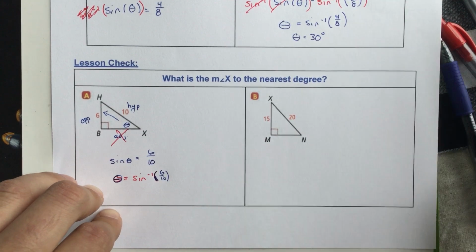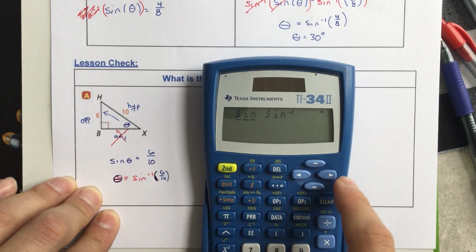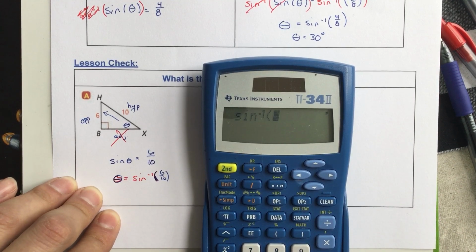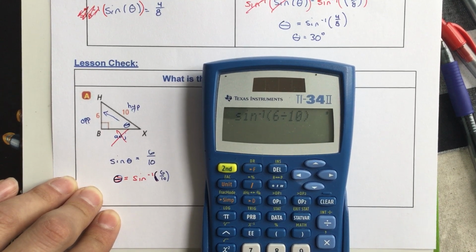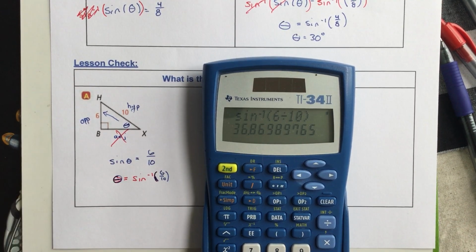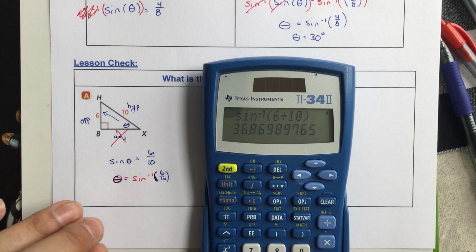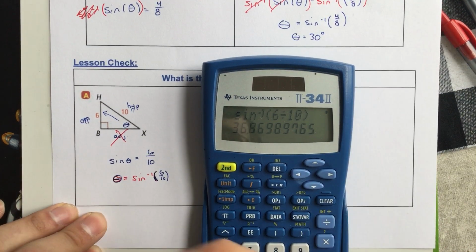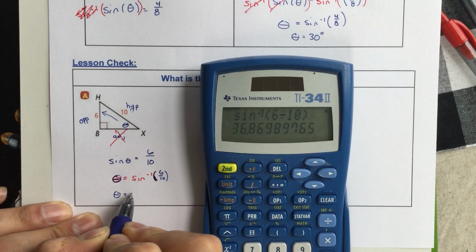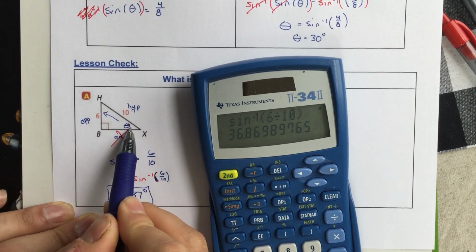So in your calculator, second, trig, in my case, sine, inverse, 6 divided by 10 equals. The angle measure, if I were to round to the nearest whole number, would be 37 degrees. If we're rounding to the nearest tenth, it would be about 36.9 degrees. I'm going to round to the nearest whole number in this example, and I'm going to say theta equals 37 degrees right here.